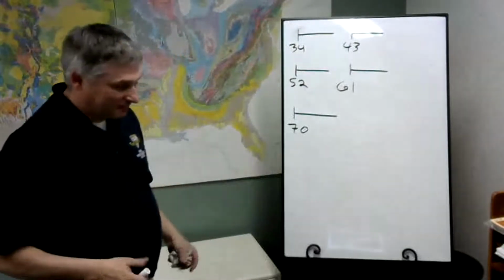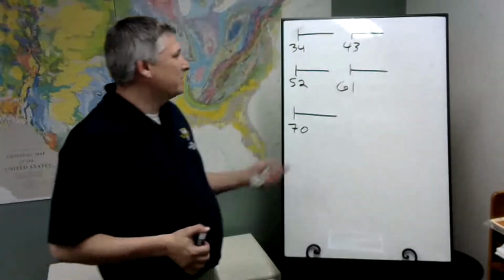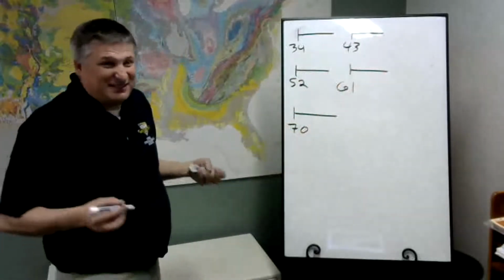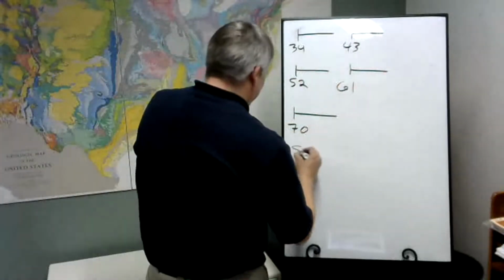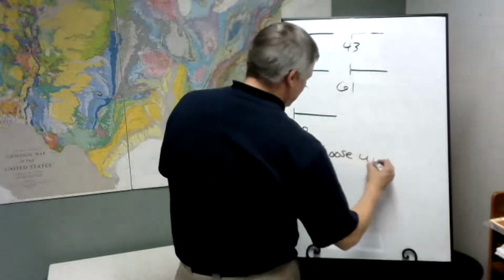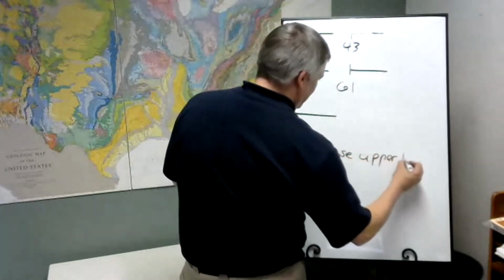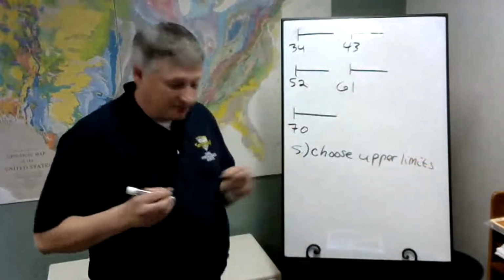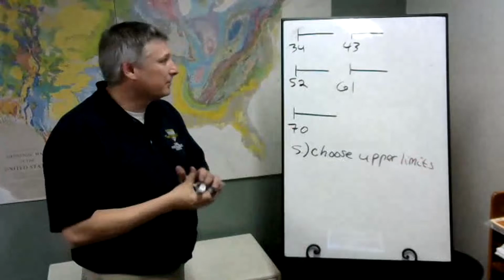All right. So now what we got to do, we got to choose the upper limits. And the author really just kind of says this. And okay, fine, fair enough. So we'll choose the upper limits.